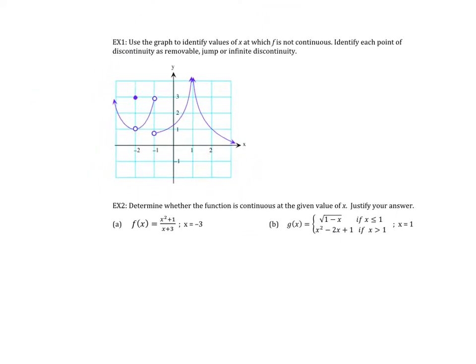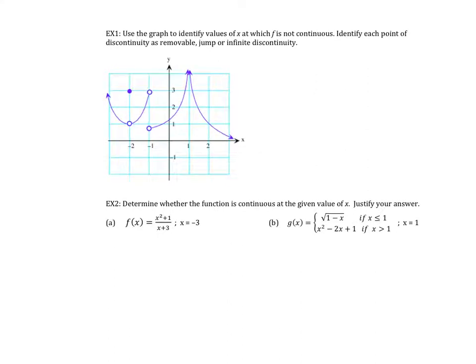So let's look at example 1. We're going to use this graph to identify the values where the function is not continuous. And then we're going to identify each point of discontinuity as removable, jump, or infinite discontinuity. So I can see when x is equal to -2 that there's a hole there.